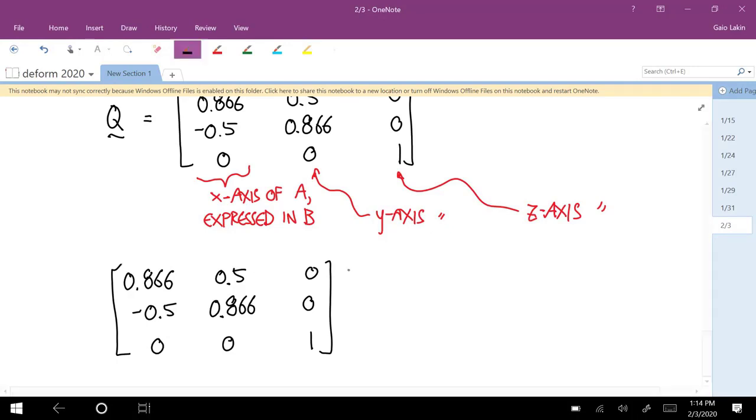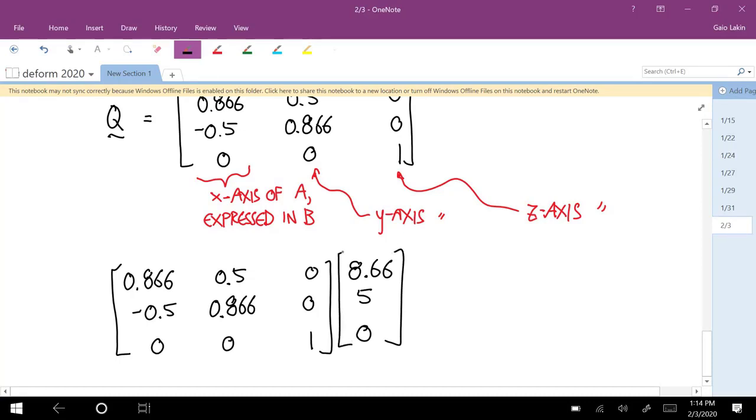That was positive 0.866 at a length of 10. So this is 8.66, 0.5 times 10, so 5, and 0.